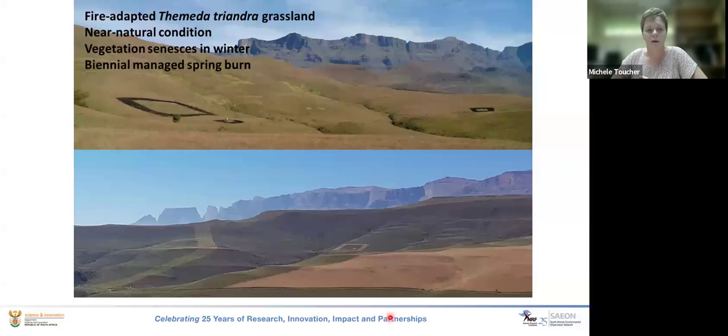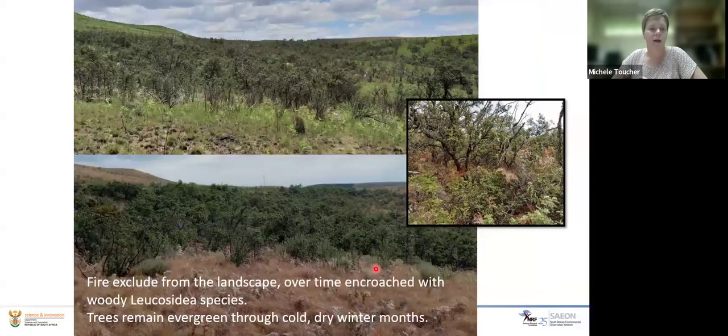Catchment 9, however, is the Leucosidea vegetation. So it's a short, bushy, shrubby tree. It has quite small leaves and the bark is quite papery. In summer, nice and green, the top image, and then at the bottom you can see the grass is brown, but the Leucosidea remains green.